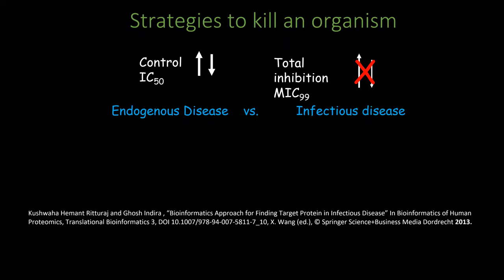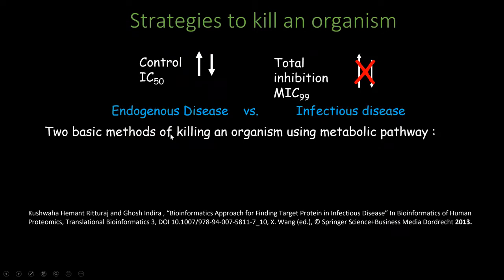Hence, many compounds that have been identified, biochemically very good and well assessed, fail because of this reason. We need to go for 99 for pathogenic systems or even cancer. However, for other purposes, it can be IC50.